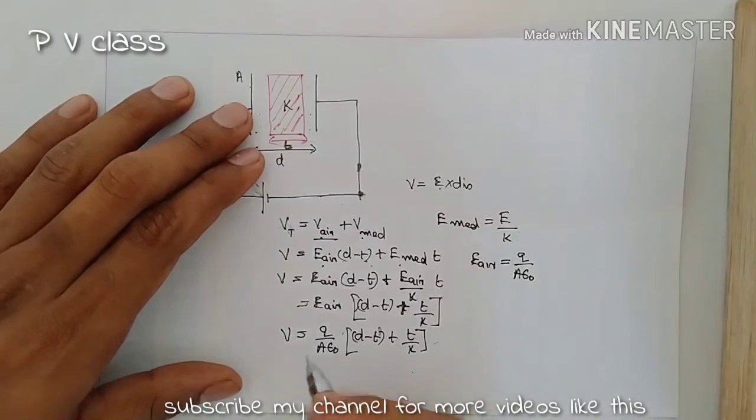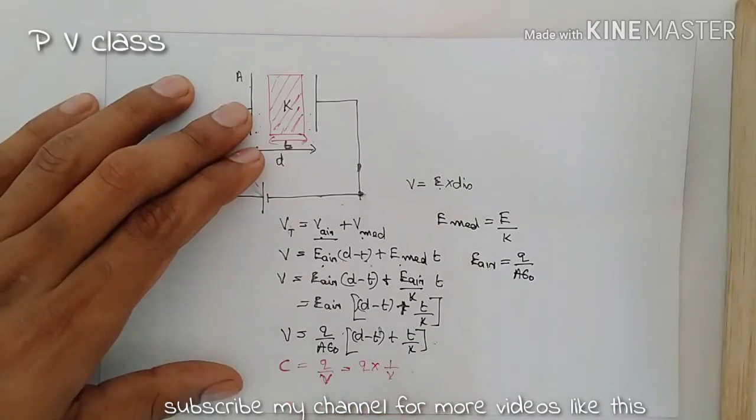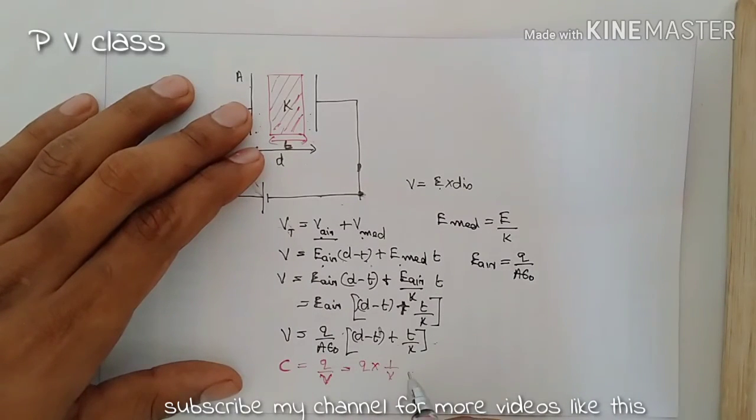From the potential we could find out the capacitance. The basic relation for capacitance is C is equal to Q by V. If C is equal to Q by V, we could write Q into 1 by V. Therefore, substituting for V in this equation, we get C is equal to Q into 1 by V, which means the reciprocal of this. In the denominator we have A epsilon 0, so it will come to the numerator as A epsilon 0.